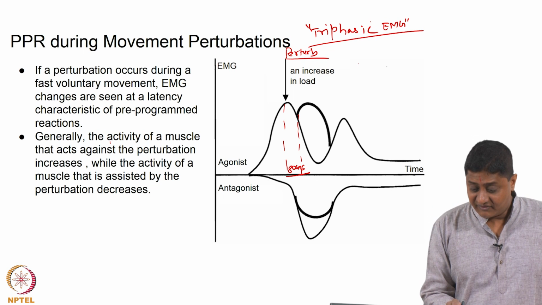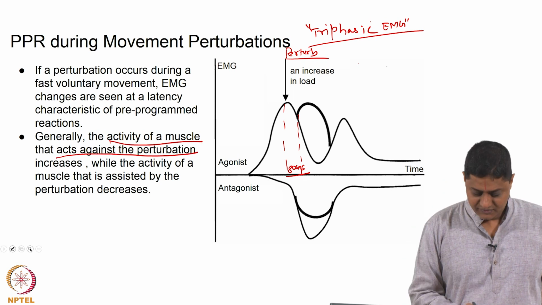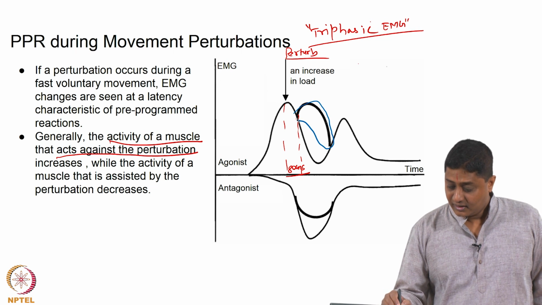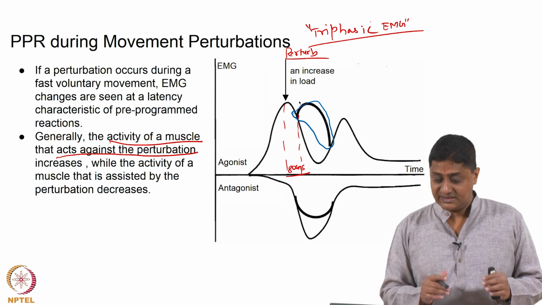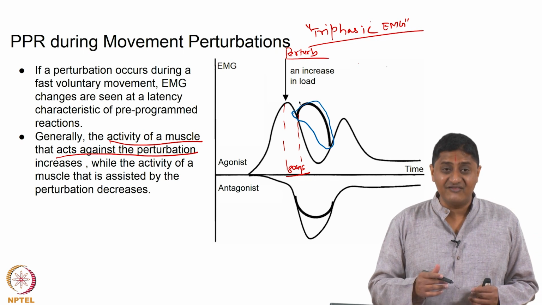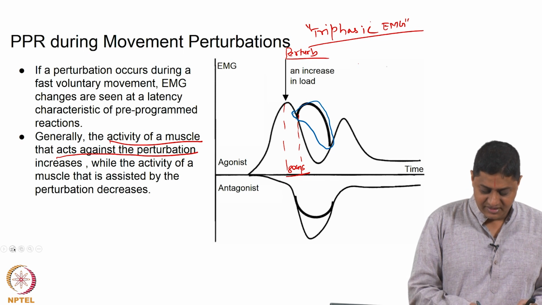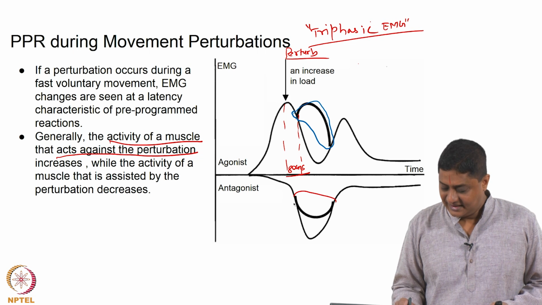So, the activity of the muscle that acts against the perturbation increases, which is what is shown in the bold lines here. That is the response of the muscle that is acting against the perturbation. If this muscle is acting against the perturbation, its activity will increase, while the activity of the muscle that is assisted by the perturbation, which is this muscle, decreases.